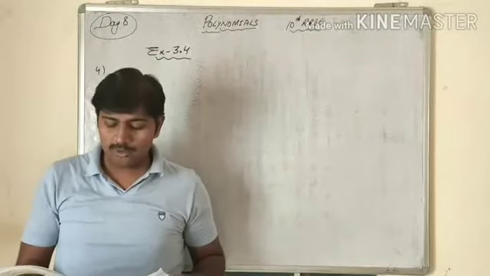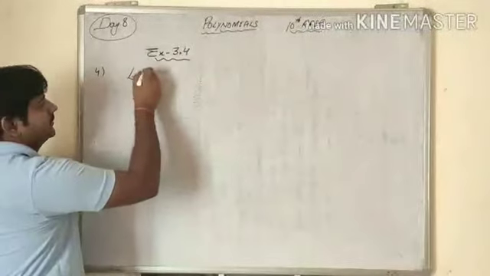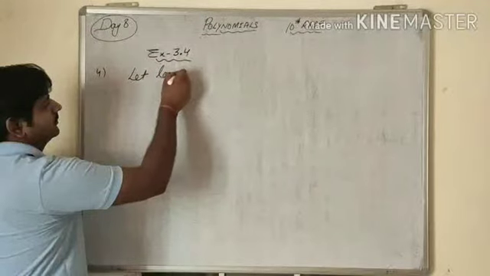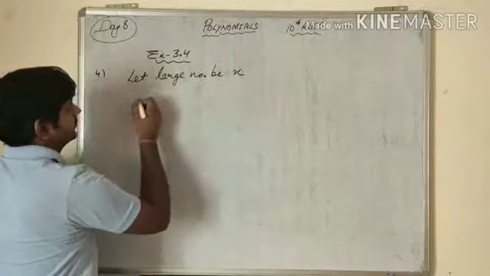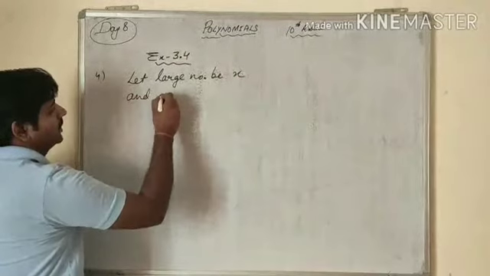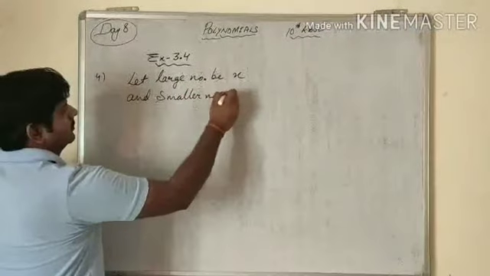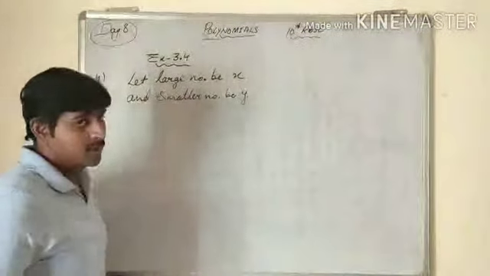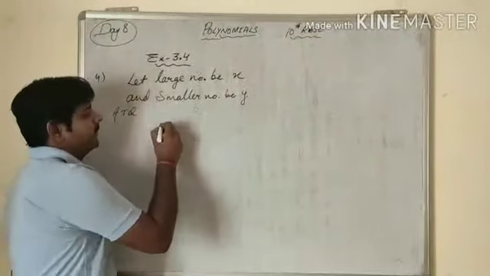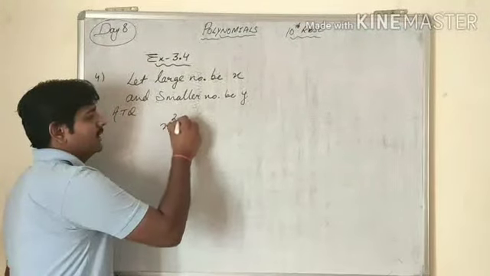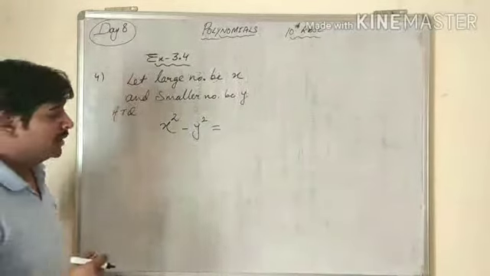The difference of the squares of two numbers is 45. So let the larger number be x and the smaller number be y. According to the question, the difference of the squares of two numbers is 45.